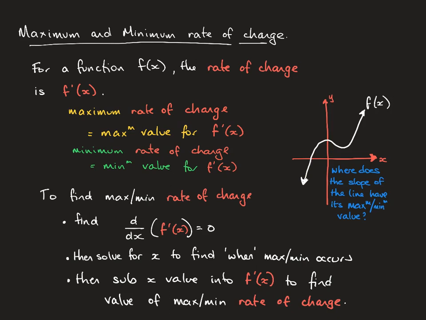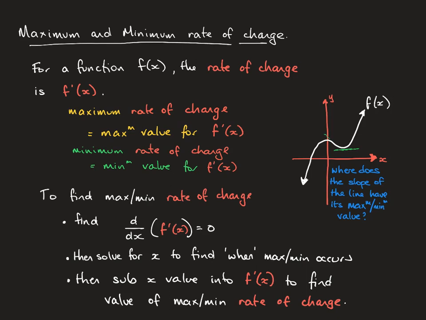To find the maximum or the minimum rate of change, you're looking for the steepest or the least steep point on the function. This point here has a zero derivative, a zero slope.